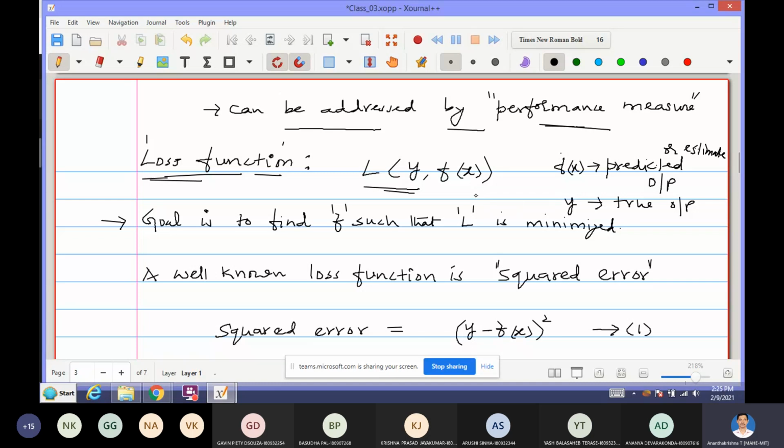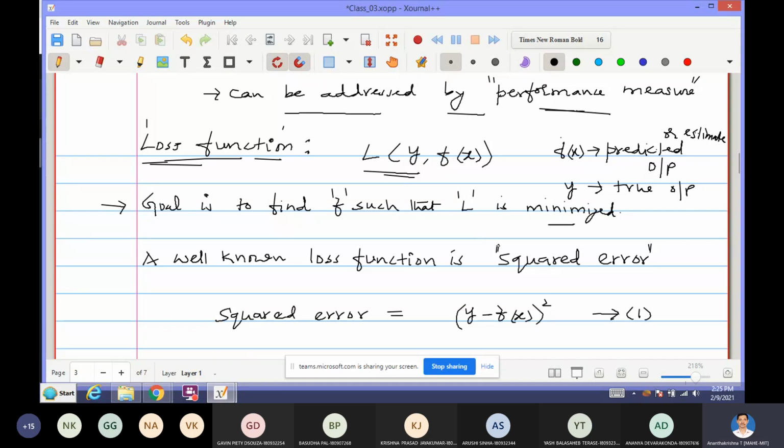We are not really worried about the shape or form that f takes. We are worried about this only. We have set up a particular performance measure, like a loss function, and based on that the objective is to minimize it. I hope that's pretty clear.